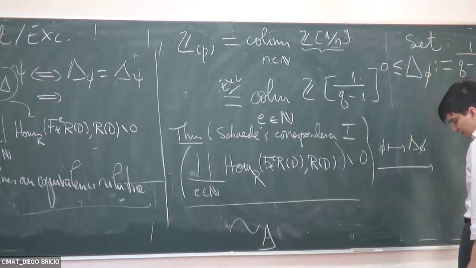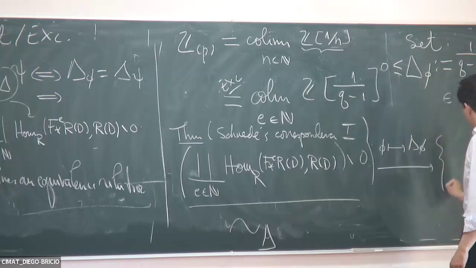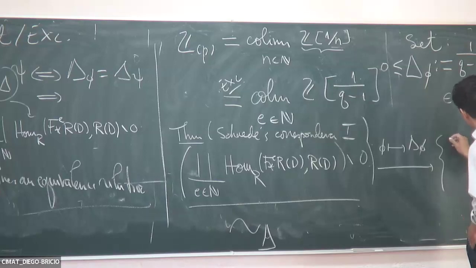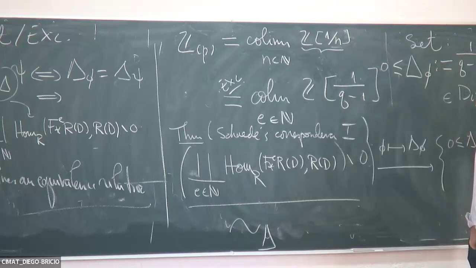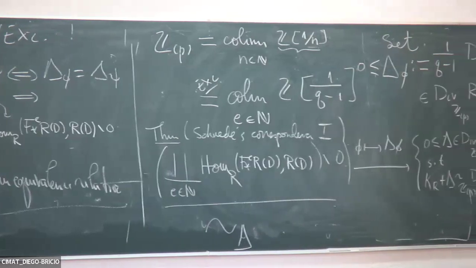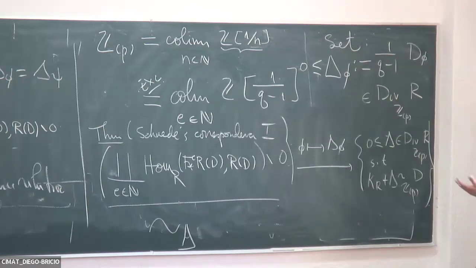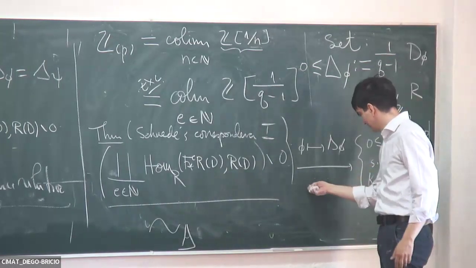Here, what do we get? We get the set of, let's say, effective Z_p divisors, with this notation D_{Z_p,R}, such that K_R plus delta is Z_p-equivalent to D. Well, the theorem is that this is a bijection.